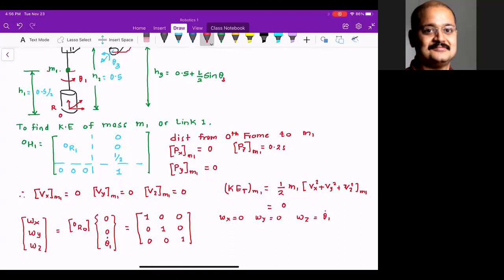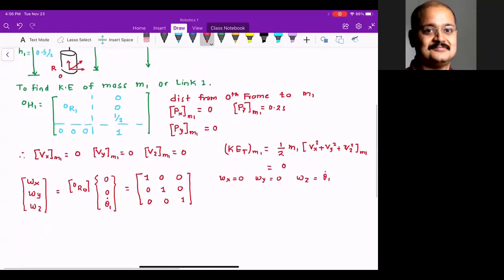Agreed? So before I derive the equation for moment of inertia, here is the next step. I'm going to write down kinetic energy of rotation.